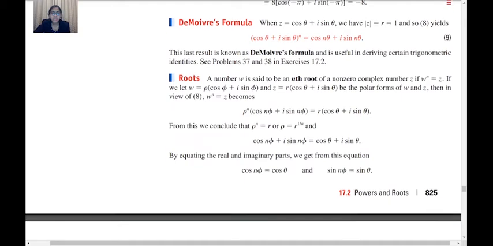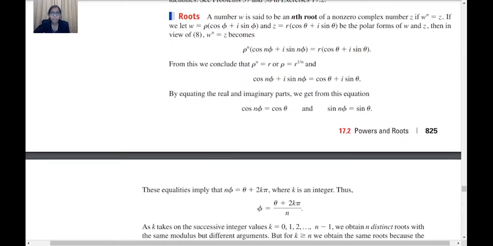From this we get that n phi will be nothing but theta plus 2k pi, because after a period of 2 pi the cos and sin values get repeated. So cos n phi is equal to cos theta implies n phi is equal to theta plus 2k pi, where k is any integer. 2 pi, 4 pi, 3 pi, all these will give the corresponding values.